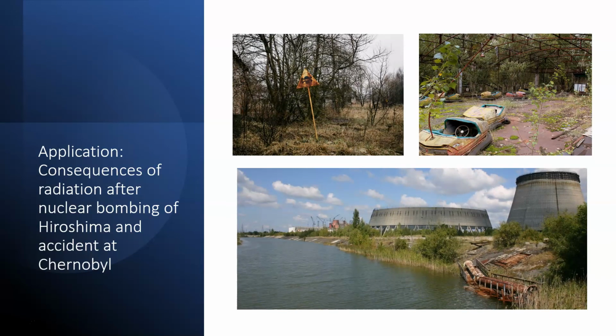So again, at the time, massive radiation burning, things like that. But if we're looking now, many years on, life has come back to these areas. But there is a lot of genetic mutation in the species now compared to elsewhere where there hasn't been the radiation damage.